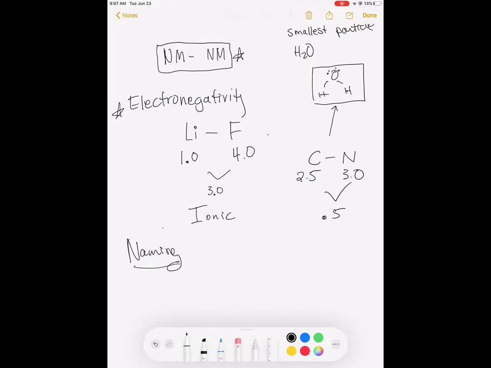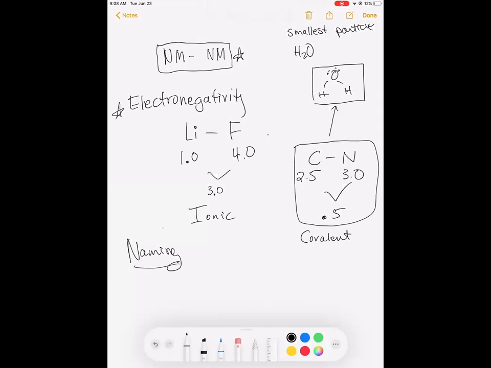And it says in Table 4.3, 0.5, well, that's kind of on the borderline. It could be nonpolar, it could be polar covalent. But you have to have a little more information about the properties of this compound. So there really isn't an overall cutoff, but what we do know is it's definitely covalent.